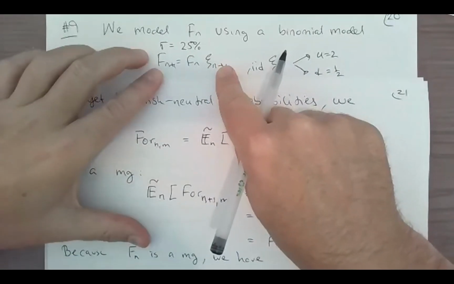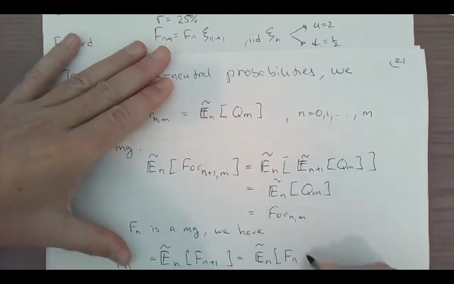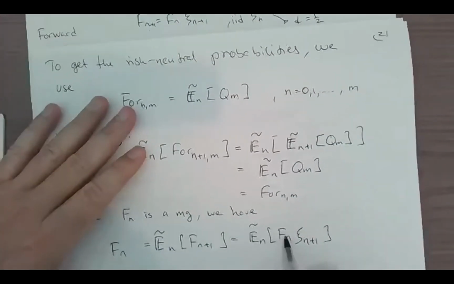We plug in this formula, we'll get that this is E tilde n Fn, and then the coin flip. This one here is measurable, and this one here is independent.